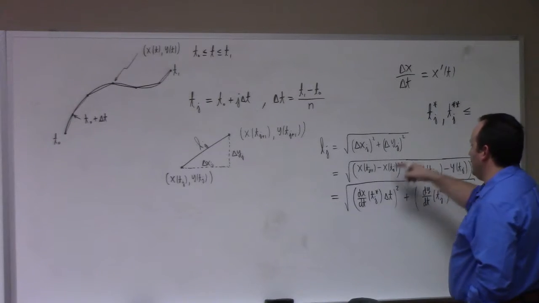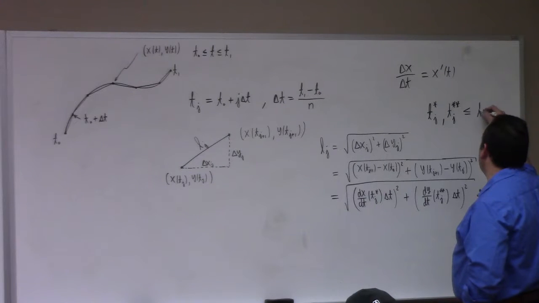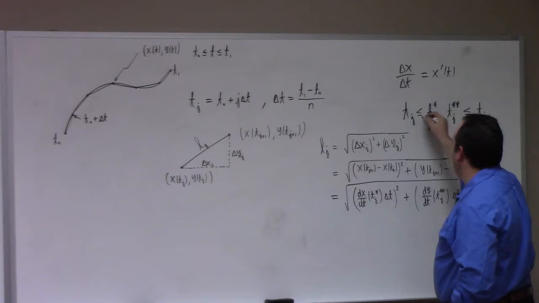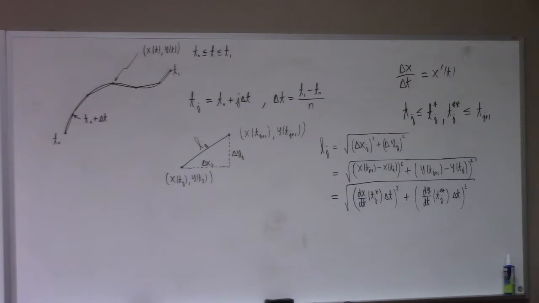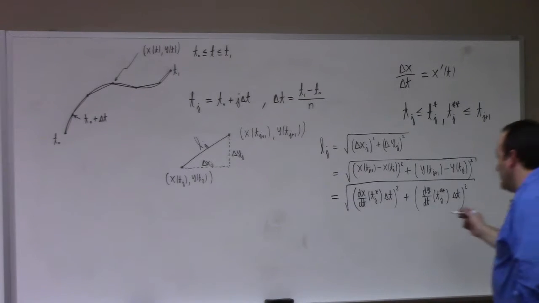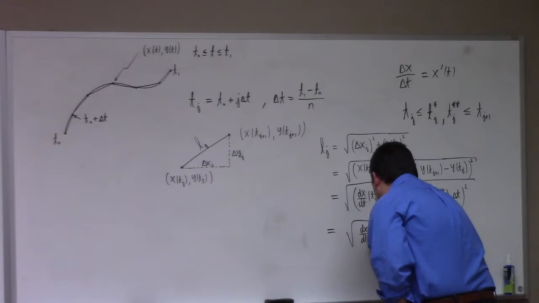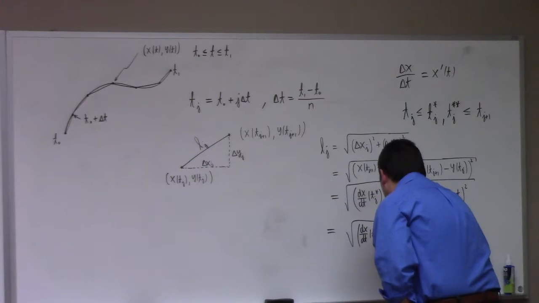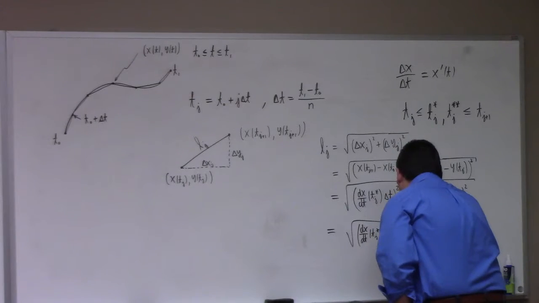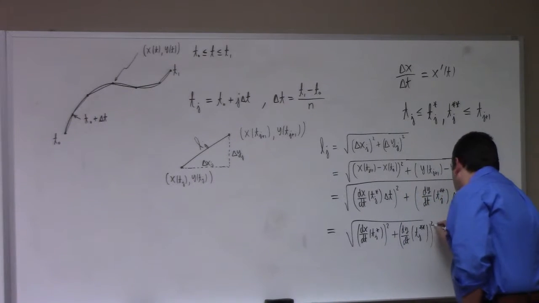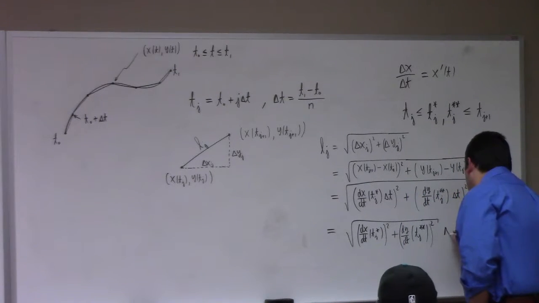These guys are stuck between the j plus 1th time and the jth time. This is the mean value theorem, that I can find such t_j star and t_j star star. But then, what do I got? Well, I got the square root of dx/dt at t sub j star squared plus dy/dt at t sub j star star quantity squared, and I can pull out a delta t.